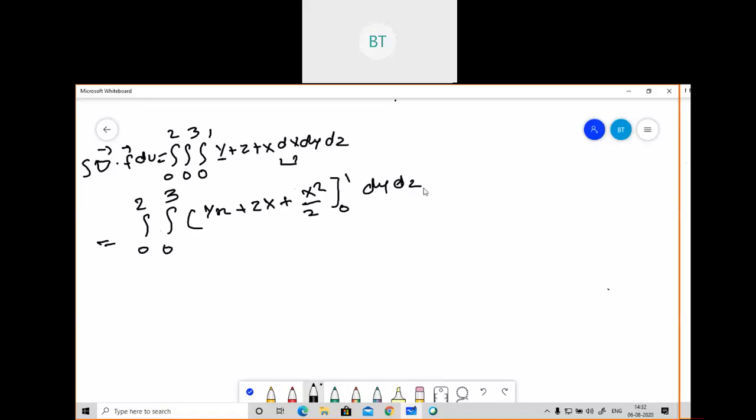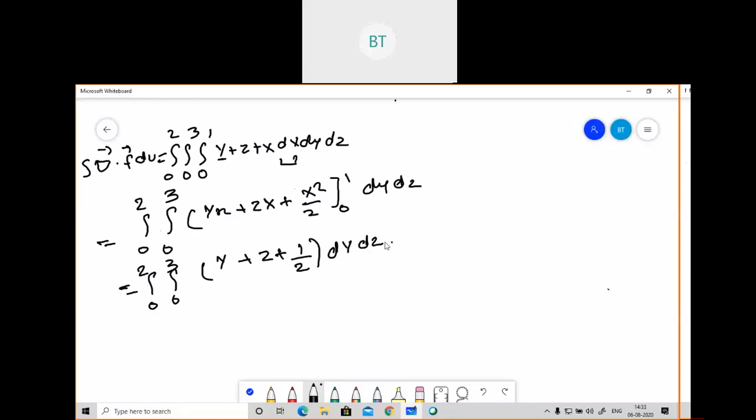When you solve it, you get 0 to 2, 0 to 3. When you apply 1 here and 0 here, what you get? (y plus z plus 1 by 2) dy dz.